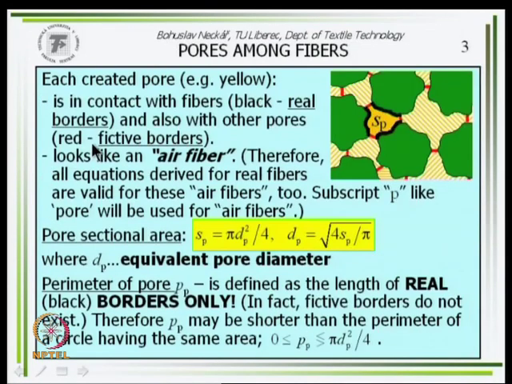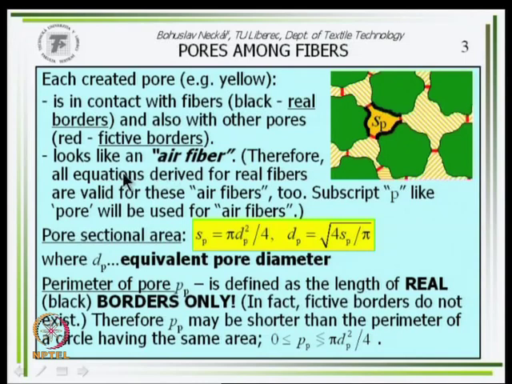Well, so each created pore is in contact with fibers, black borders, real borders, and also with other pores in our scheme, using your red pencil. There are fictive borders, yeah?